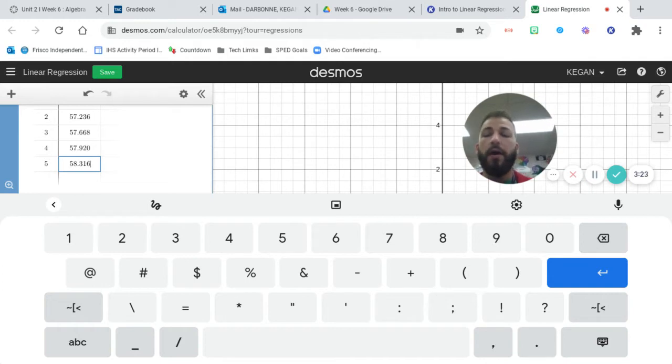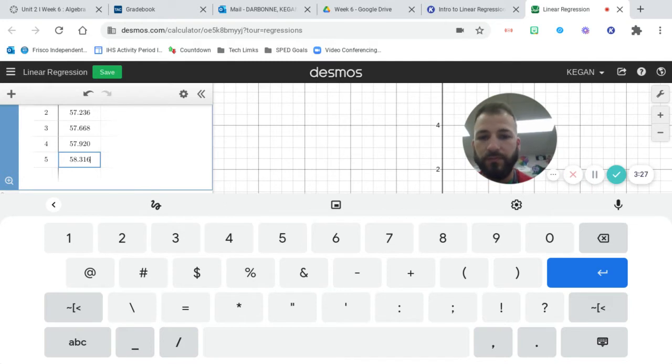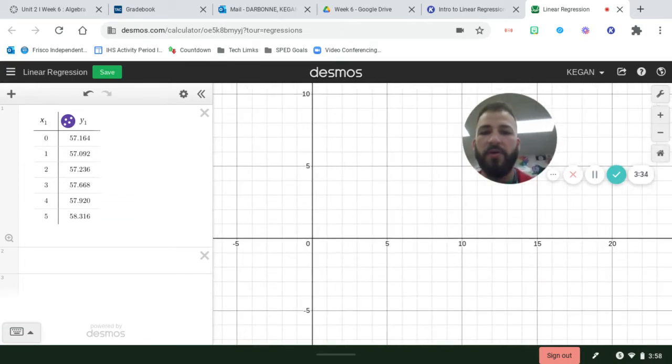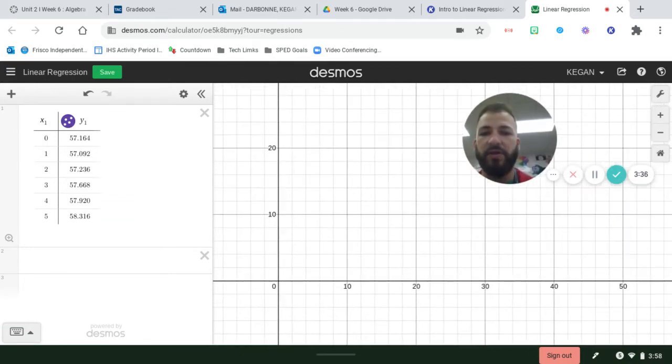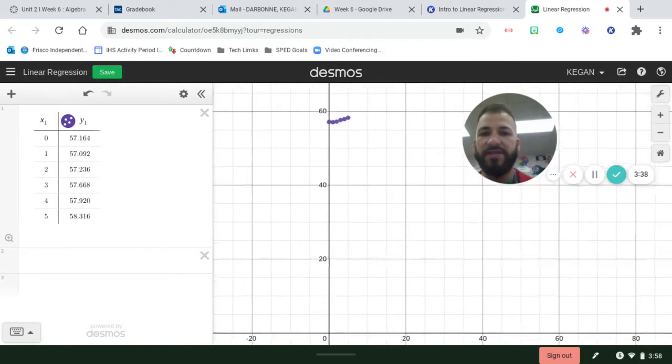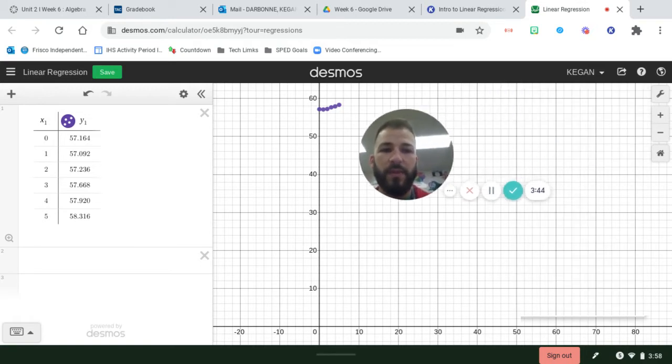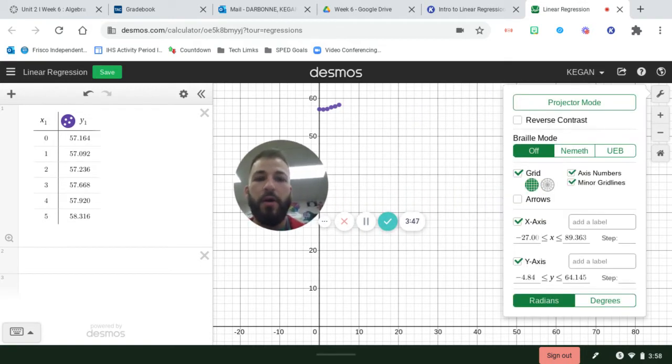Okay, so now that we have our data typed in, hopefully you notice those data points up there, though you probably won't see them right away on your Desmos calculator because we're a little out from where you want to be. So I can go over here into settings and change what my graph's going to look like. Right now on the x-axis we're going from -27 to 89.363.